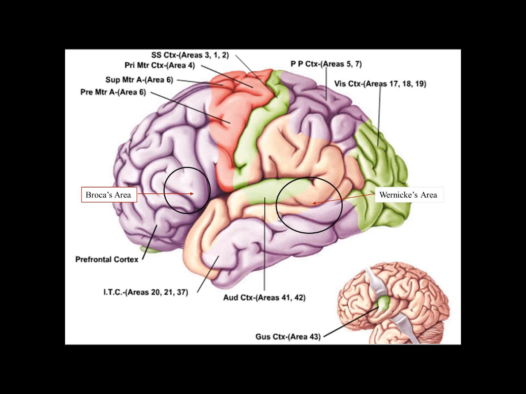So Wernicke's area, in conjunction with various network structures, of course, determines what we're going to say, the content that we're going to talk about. And then it's projected to Broca's area where the motor template is worked out. How do we actually produce that sound? And then that's sent to premotor areas, and then finally the actual motor commands are sent to the motor cortex, and we have actual speech.